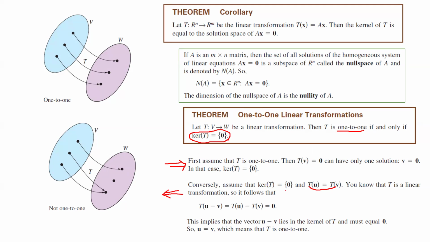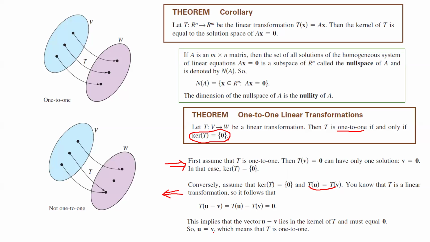If the kernel of T is equal to 0, and you set output values equal to each other, you should be able to show that input values are the same as well, but we have to do a little bit of algebra. TU is equal to TV, but T of U minus V, going back to the definition of linear transformation, is TU minus TV, which is 0, because they are equal to each other. The output values are the same, but it implies that the vector U minus V is in the kernel of T. So it must be equal to 0.